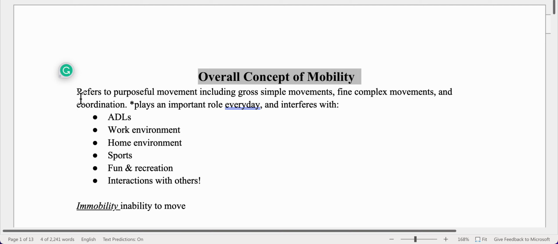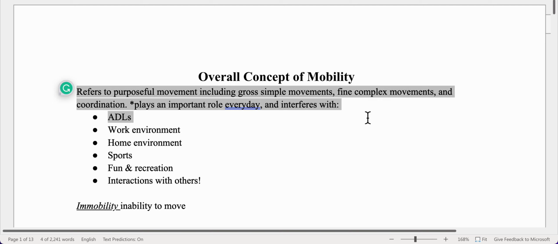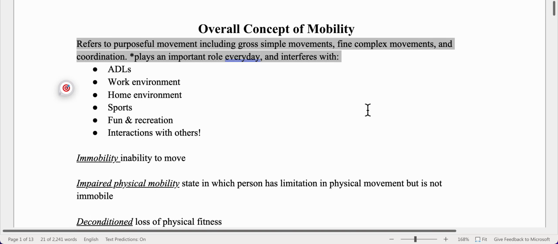The concept of mobility refers to purposeful movement, including gross simple movements, fine complex movements, and coordination.